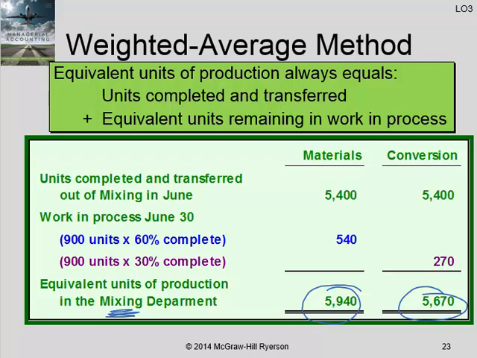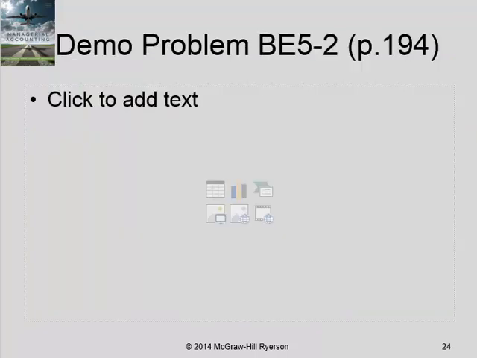So let's practice that now in demo problem brief exercise 5-2, which is located on page 194. Have a go at it, and then you can follow along as I solve it afterwards. Okay, so we've got Clonex Labs Incorporated.